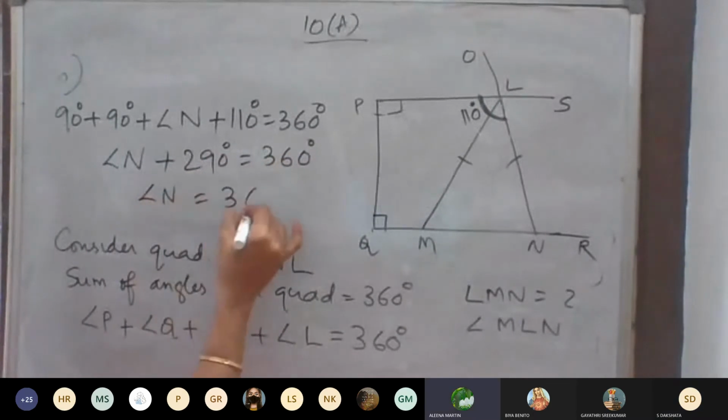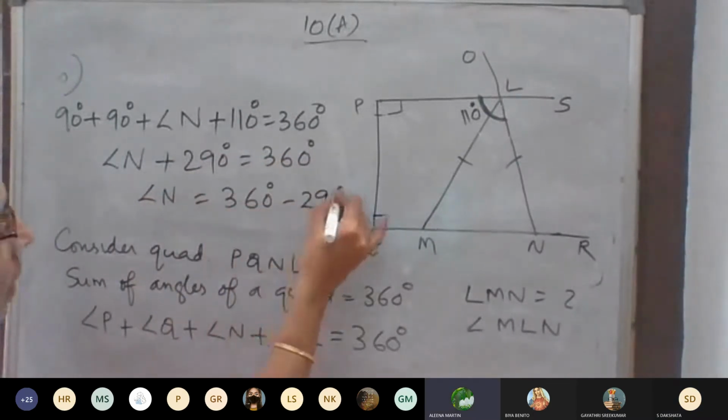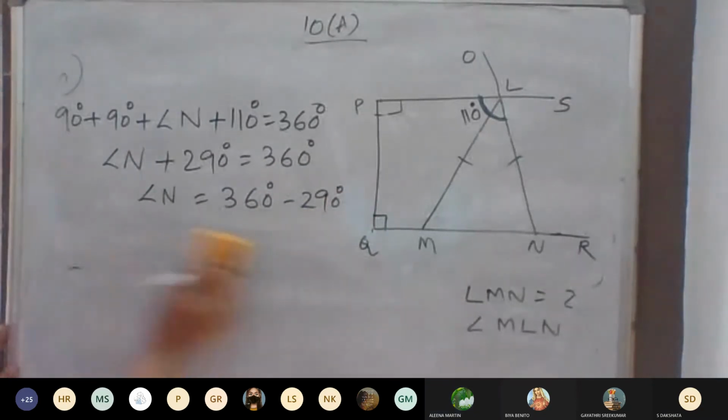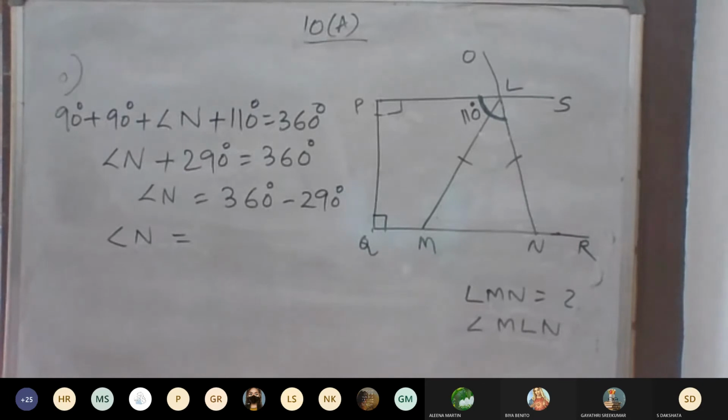Angle N is equal to 360 degree minus 290. So angle N is equal to 70 degrees.